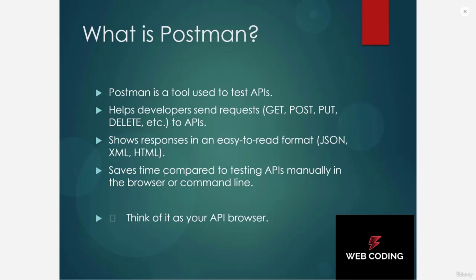It also saves us time compared to other testing tools, as I said, mainly like the browser or the command line. So it saves us time. It's just a software that we're going to use. It's very friendly, contains everything that we need, unlike the browser, which simply does not contain these components or inputs or buttons and all of these other things.